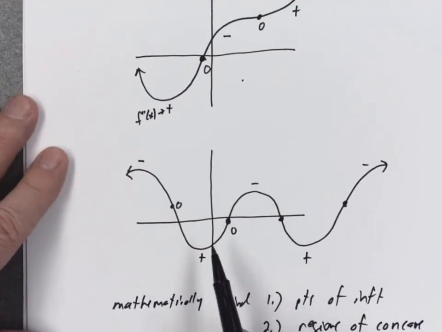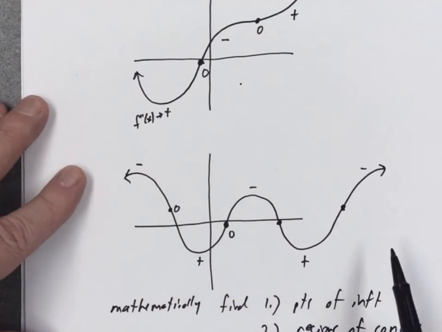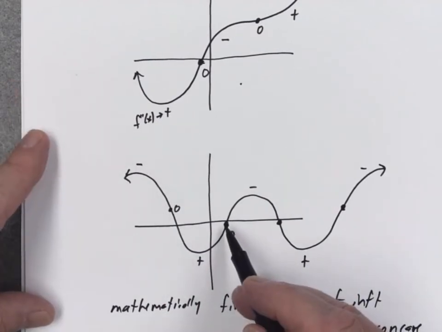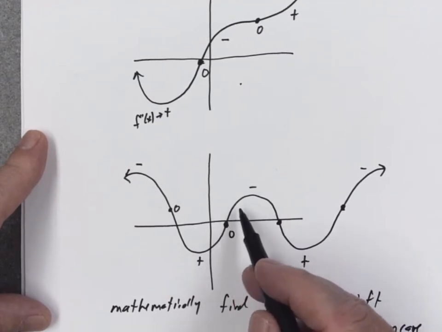So once again, when you look at a graph it's pretty easy to see the concavity. Although it's pretty tricky, actually, if you're trying to very precisely determine the point of inflection when you look at a graph.